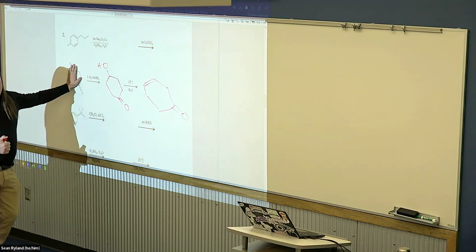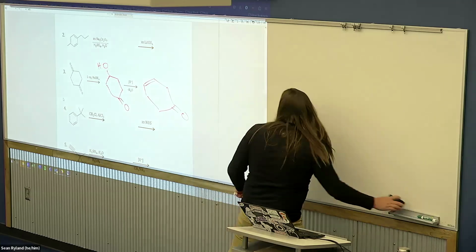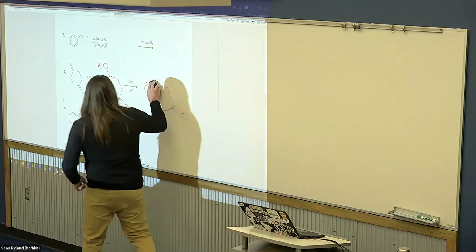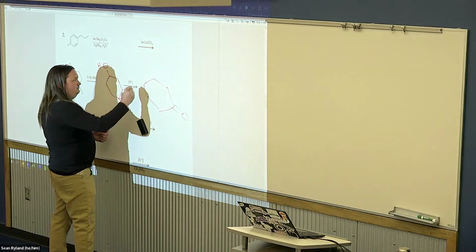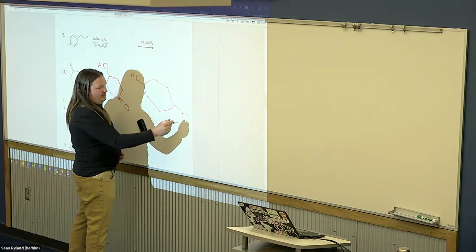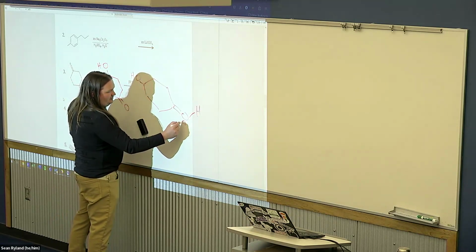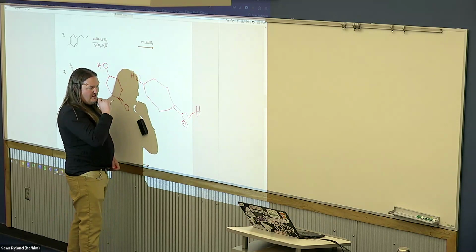I'll do our ketones. Do ketones undergo dehydration reactions? They do, but not typically just with acid, right? Because if you try to follow a mechanism through there, if we protonate, let's say we try to do a dehydration on the other one. We protonate there, we've got a positive charge there.